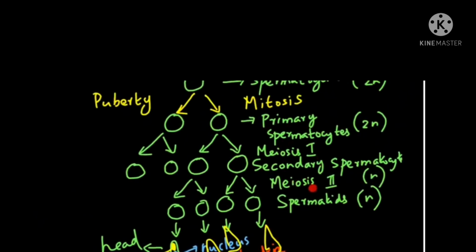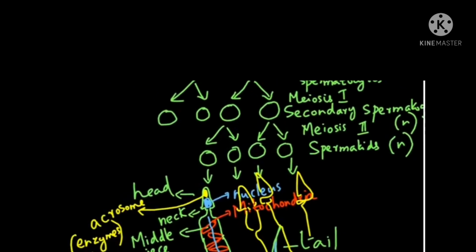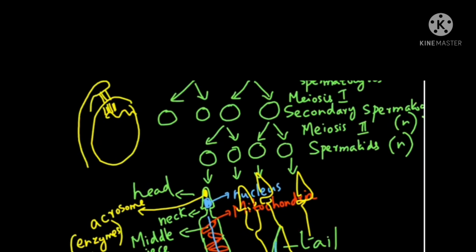Now once the sperms are produced, they have to be released from the testis. That you have studied, this is the testis, here there is a seminiferous tubule. Inside the seminiferous tubule, sperm is produced. Spermatogenesis took place. After that, they all come out. Here there is rete testis, then vasa efferentia, then epididymis.